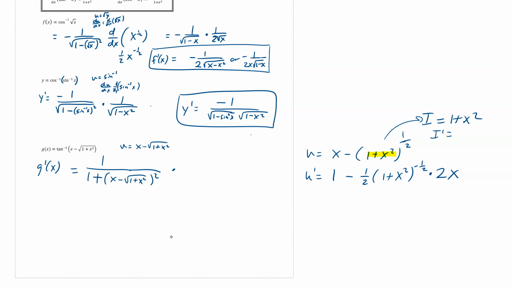So our inside prime is 2x, and we plug it there. Okay, so now we put it all together. u prime equals 1 minus, and then the 1/2 and 2 cancel, so we get x over the square root of 1 plus x squared. So you can see all I did was take the negative, take this on the bottom, put the square root, and we get this. So that is what we multiply to it.